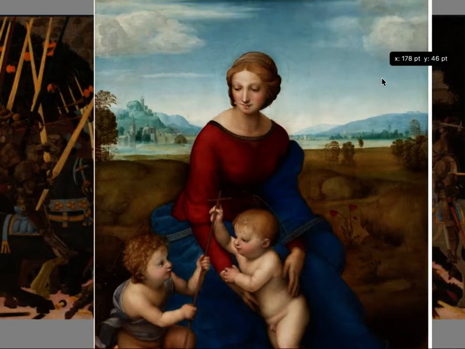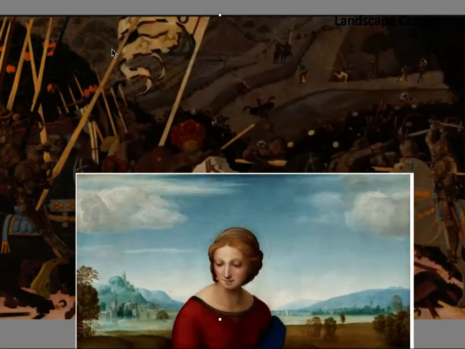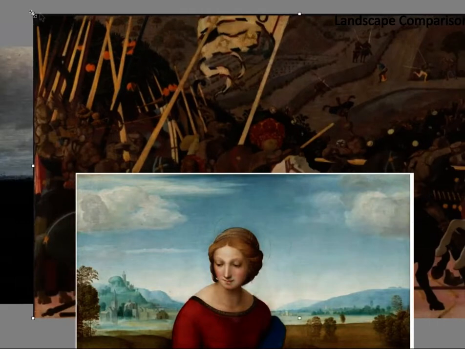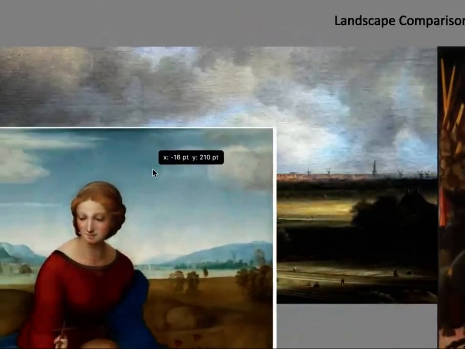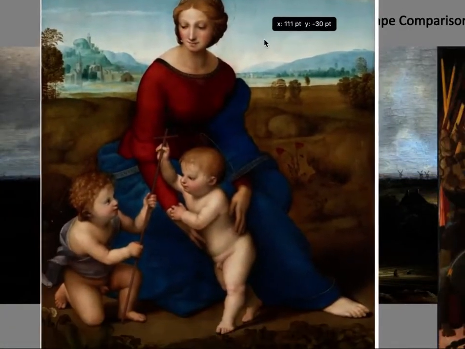Notice the sky, as opposed to the Baroque painting, is much more quiet and subtle and plays the role of a background sky. It's still a very, very calm composition.